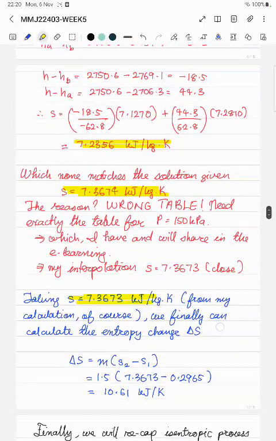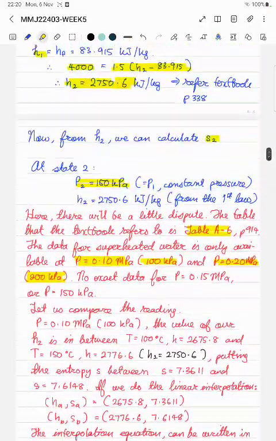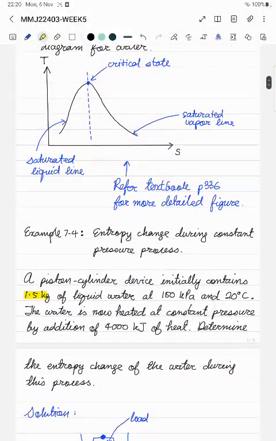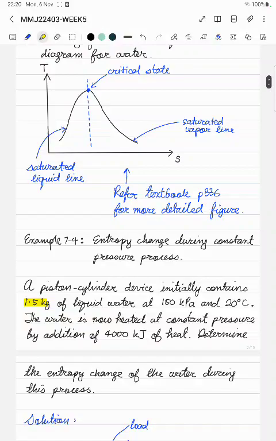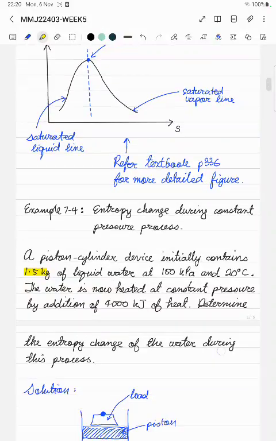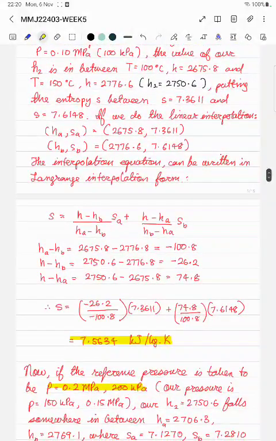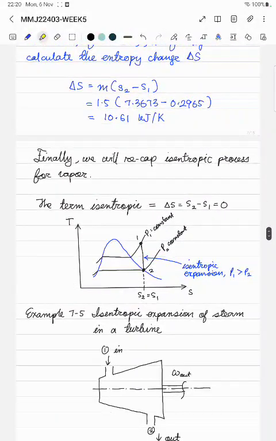Next, we have a constant pressure state change, which is this example. Entropy change during constant pressure process. And now the applicable part for our case, because we are doing Rankine cycle, will be the isentropic expansion.